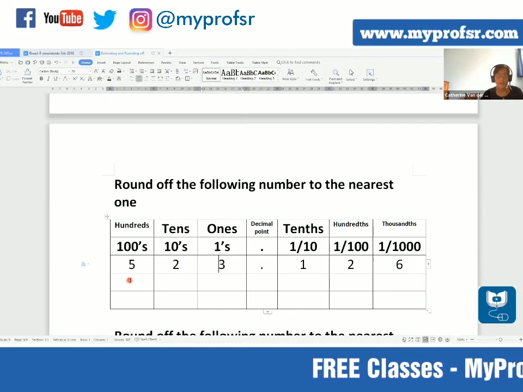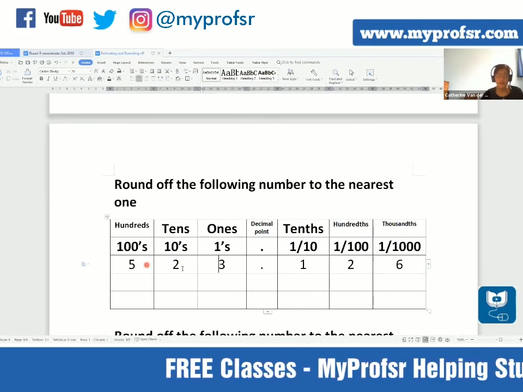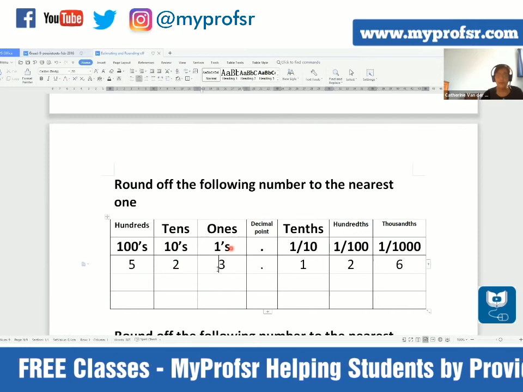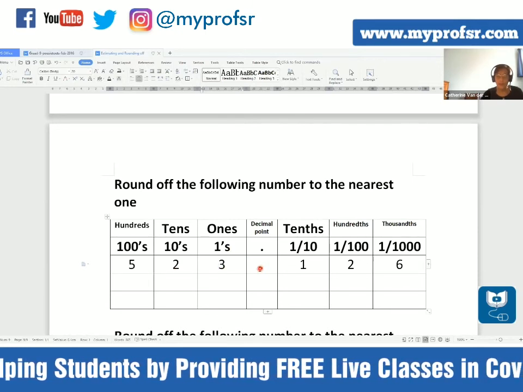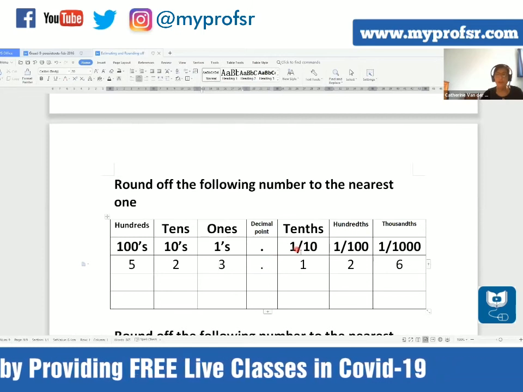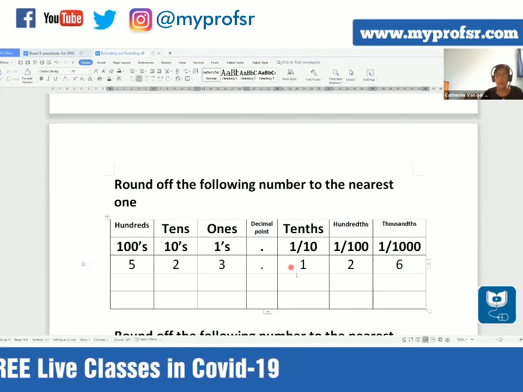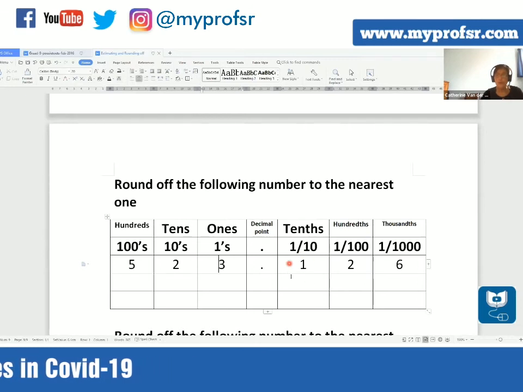And we have 5 and 2 in front of 3. And next to the 3, to the right of the 3, we have the decimal point, and then we have a decimal fraction, 1/10.